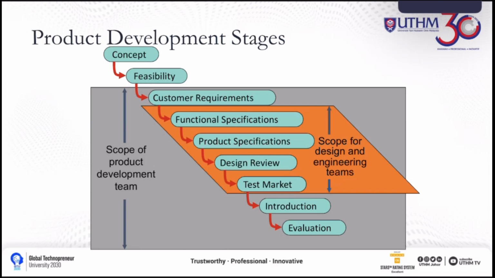Under the concept, feasibility, customer requirement, introduction event, and evaluations is the product development team. And then the functional specification, product specification, design review, and the test market all come to the engineering team. So they divide the stages between two teams here.